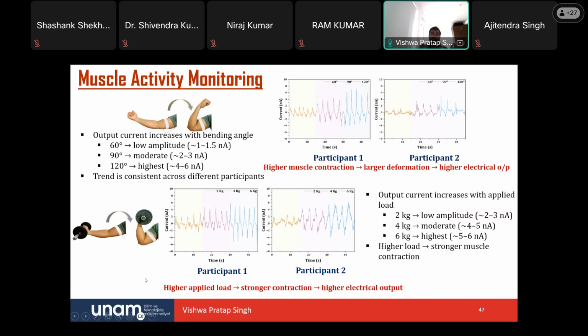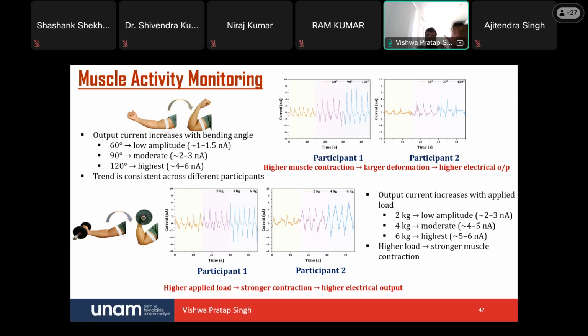So there is a variety of data. It's not giving only on and off. It has multiple states. So you can check those multiple states, and you can make your device on the basis of this system.